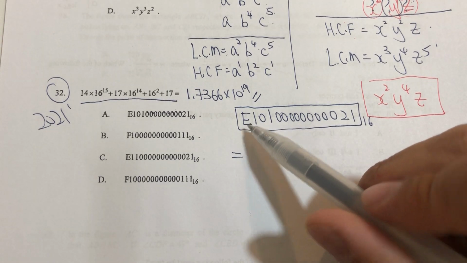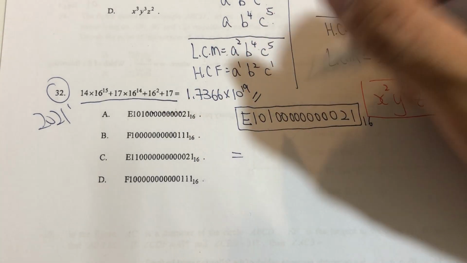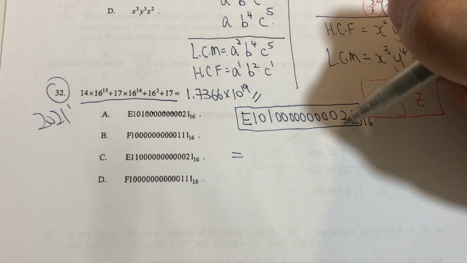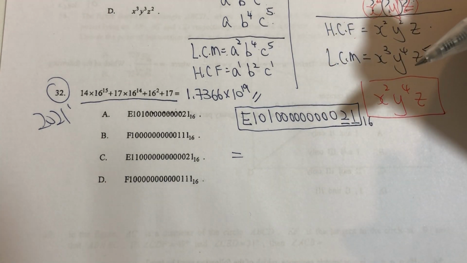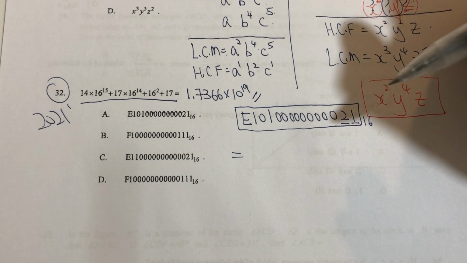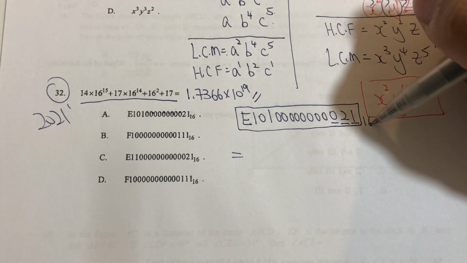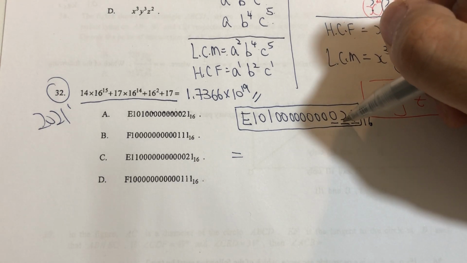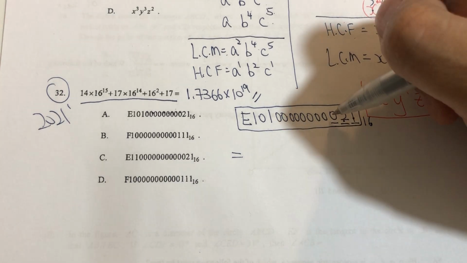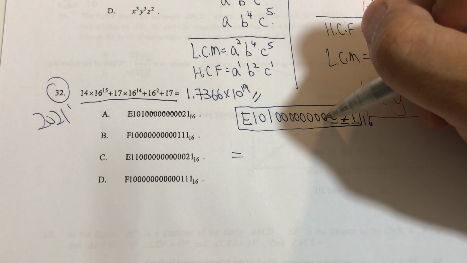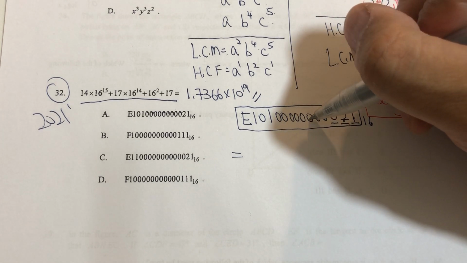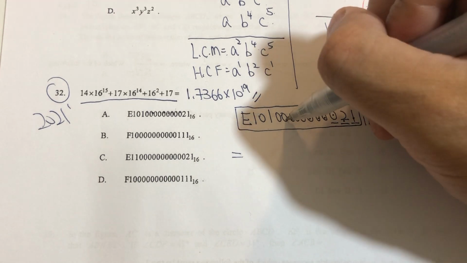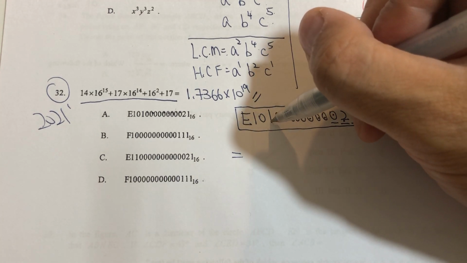First of all, what does it mean by E? Okay, let's talk about this later. First of all, for each of these places, there should be a place value. Since it is base 16, the first one is 16 to the power of 0, then 16 to the power of 1, 16 to the power of 2, 16 to the power of 3, and so on up to the power of 11.